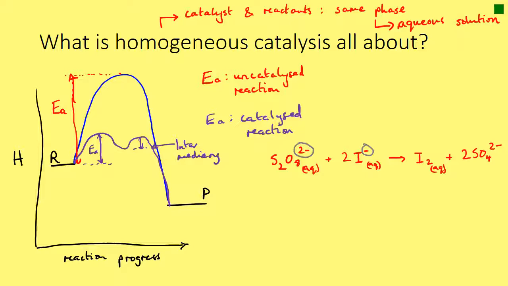So if we used iron 2+ ions, we could get our peroxydisulfate ions to react with our catalyst, which is our Fe2+ ions. And those Fe2+ ions are going to be oxidized into Fe3+ ions.